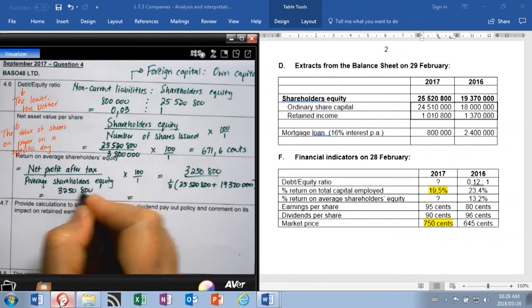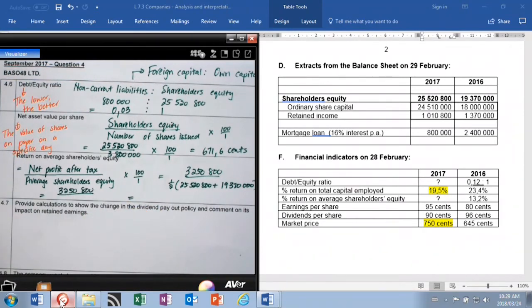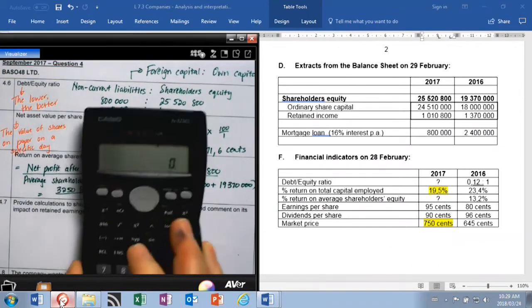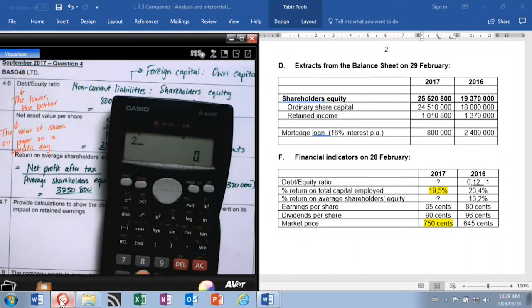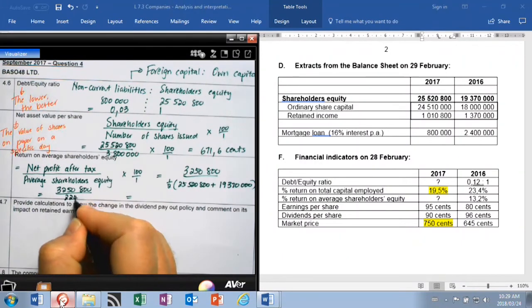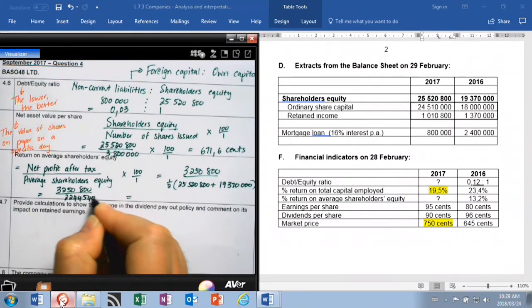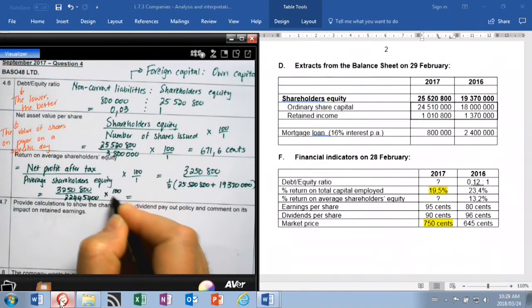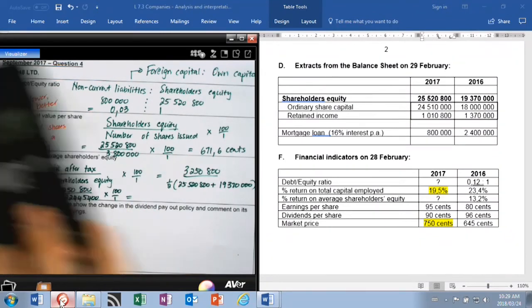Sorry, my answering paper is a little bit small, so I'm quickly going to do the calculation there. 25,520,800 plus the 19,370,000 divided by 2. That gives us 22,445,400, times 100 over 1, because the answer is a percentage.